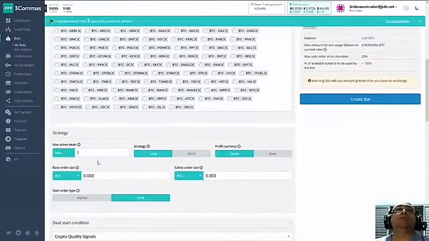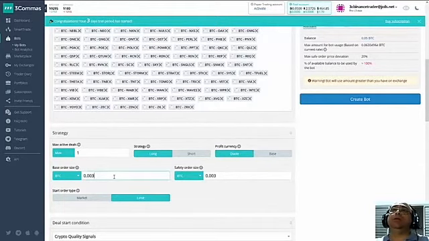Here I can choose the maximum number of active deals, how many open deals I want to have. Also my base and safety order size. 3commas calls DCA orders safety orders, so the concept is the same.